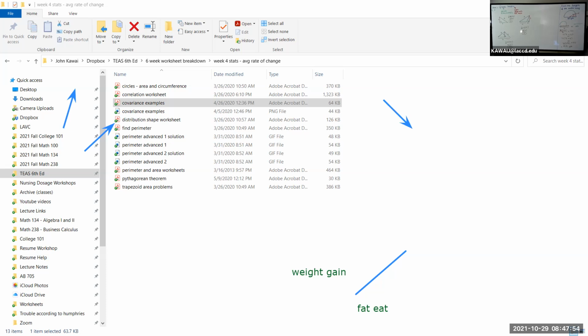For example, if I were to use two different variables, the more exercise I do, the less weight I gain, right? If I don't do a lot of exercise, I gain a lot of weight. But the more exercise I do, the less I gain. So this is a negative relationship.